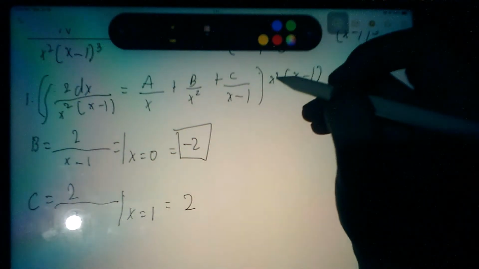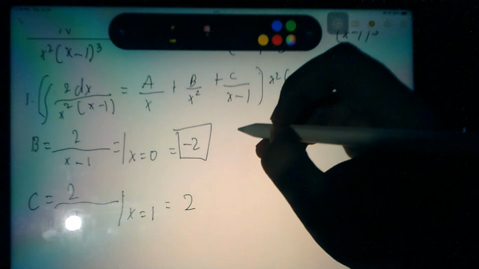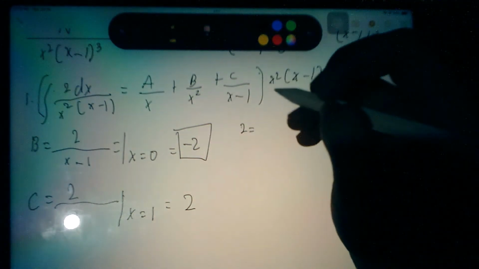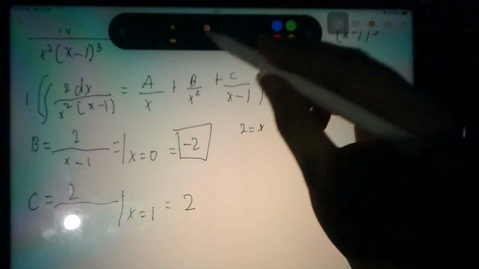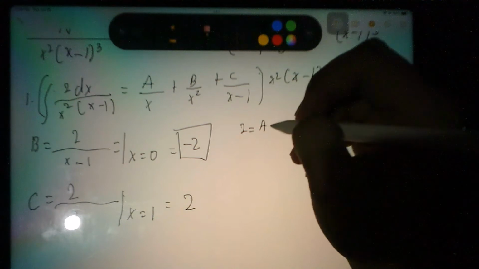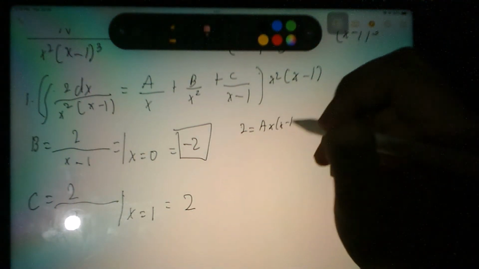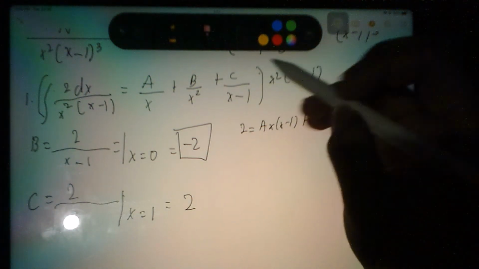So x squared here and x will just cancel out. What will be left is just 2 over x squared, a times x and x minus 1 plus, x squared here will just cancel out.